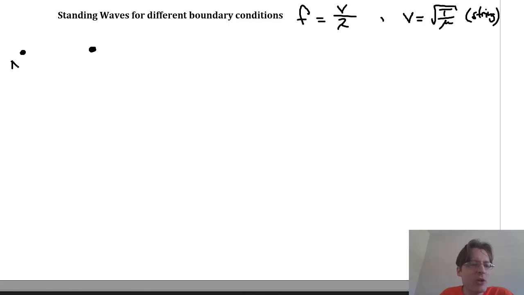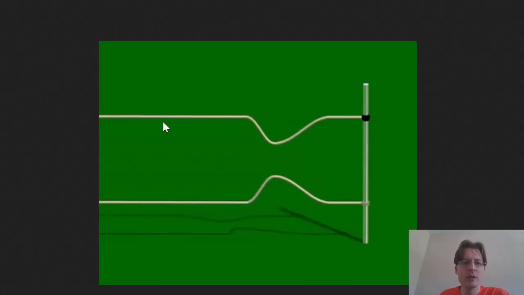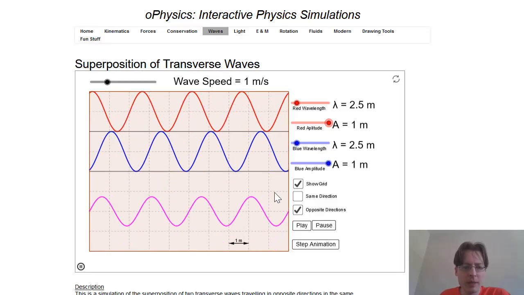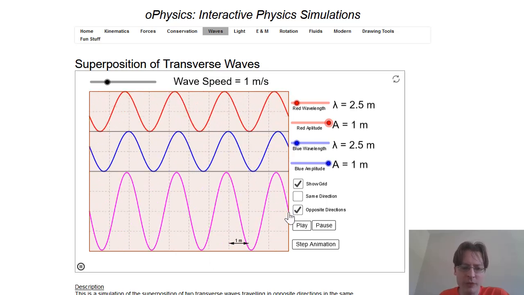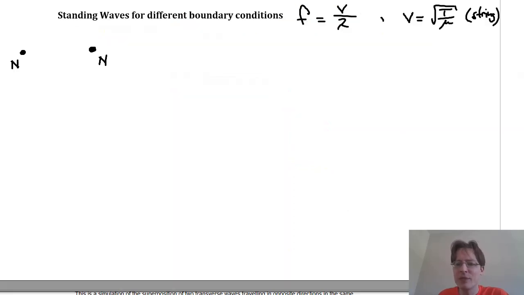It has to be a node at both ends. Node, remember, means no displacement of the standing wave. In other words, like what we see here. The standing wave here has a node at both ends, and that's what we need if it's clamped at both ends, like on a guitar.